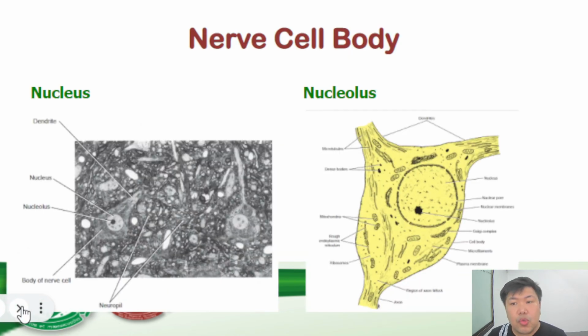So now let's go to cell anatomy, no? So ano ba yung iba't ibang structures found in the soma or in the cell body? Of course, we already mentioned the nucleus. It's the control center, it stores the genes, and it's usually centrally located, no? So here we have a cell body.